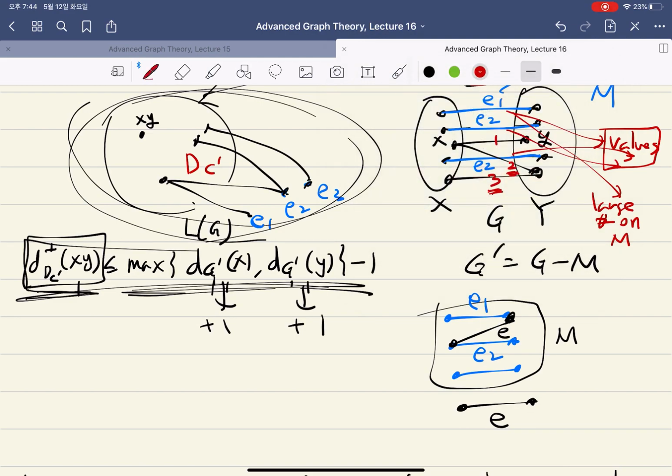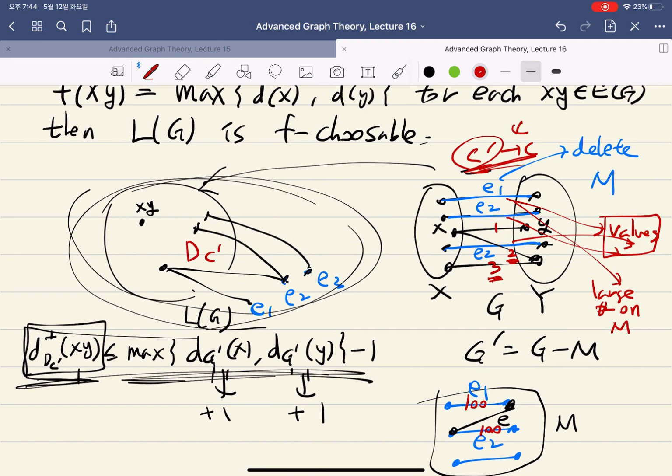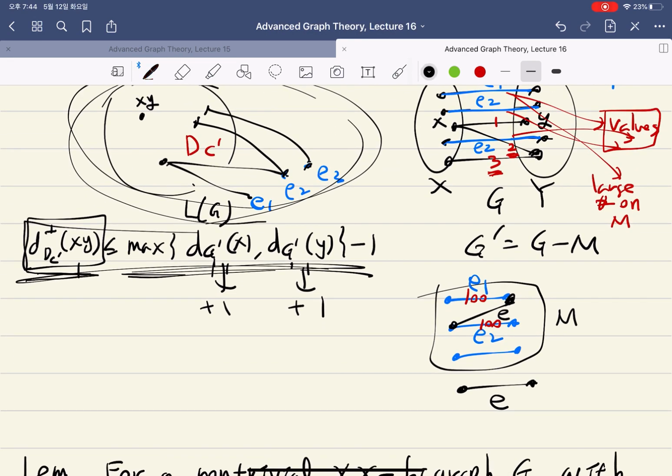If this has a large number, say 100, and this has a large number C, and in the middle it has a small number, say 10, then by our choice it has E2 as out neighbor and E1 as in neighbor, so this also increased by 1. So these edges are also okay.